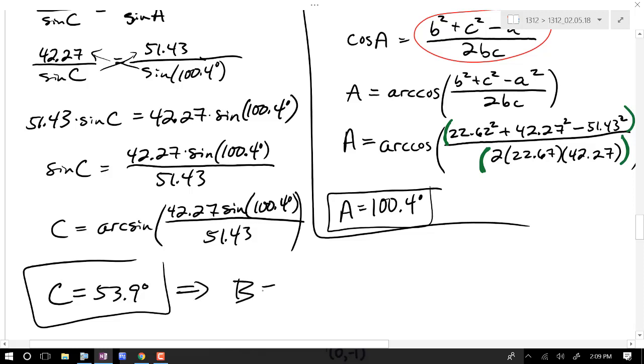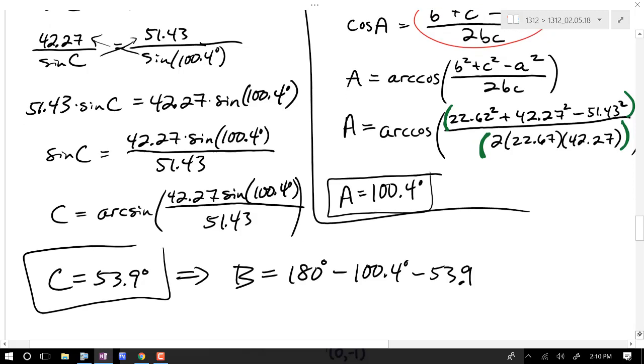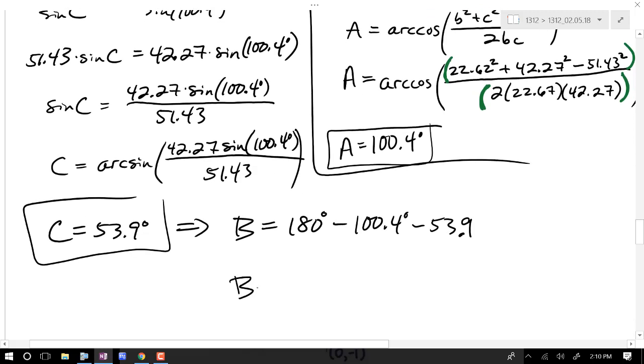Angle B: we don't need law of cosines or law of sines because we know the other two angles. 25.7.